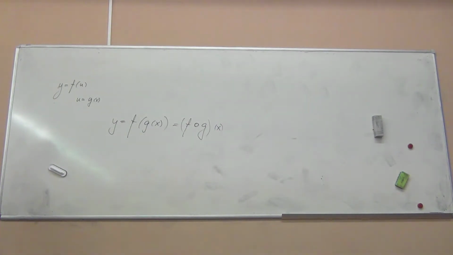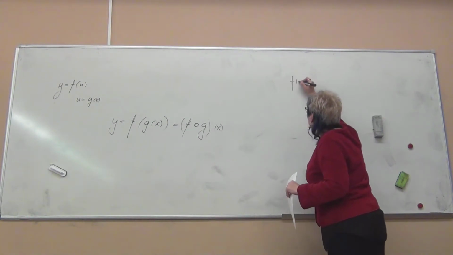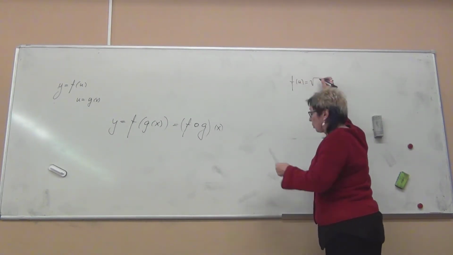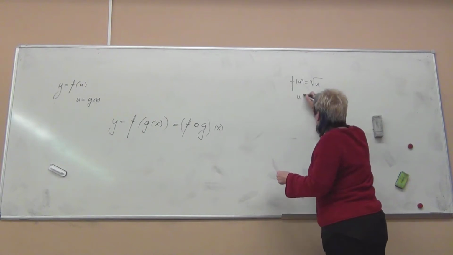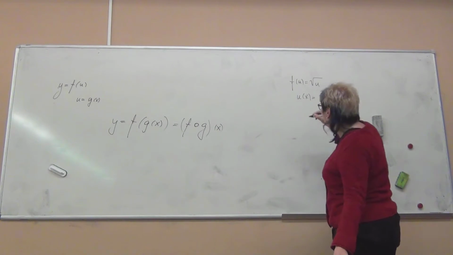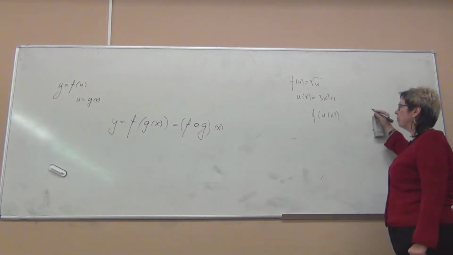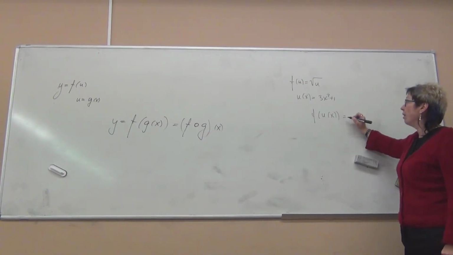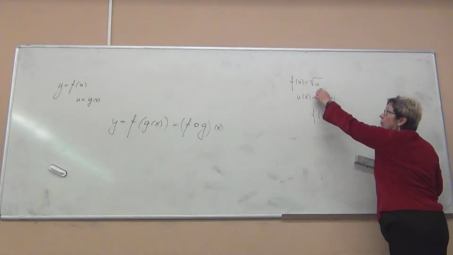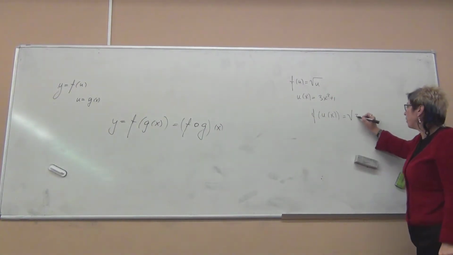We can move inwards. So, for example, exercise A. My first example was, let's suppose f of u is the square root of u, and u of x is, for example, 3x squared plus 1. Then the composite function f of u of x will be, we put the expression for u instead of u in there, and we get our function like this.